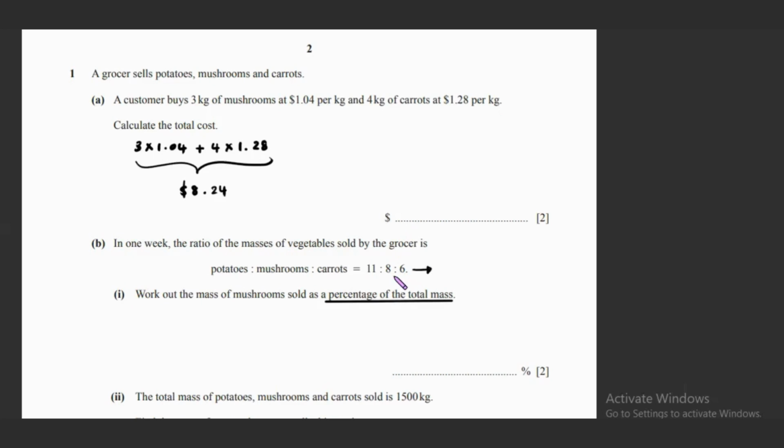So 11, 8 and 6 together is equal to 25, which means if there are 25 parts, mushrooms will be 8 parts. So that's going to be 8 out of 25. Then we times it by 100 to convert this into a percentage. So 8 over 25 times 100 is equal to 32%.